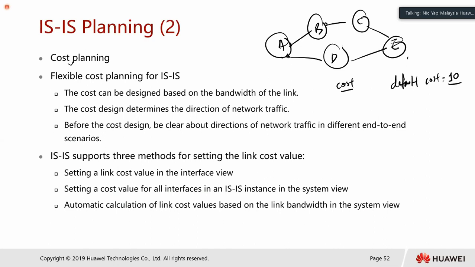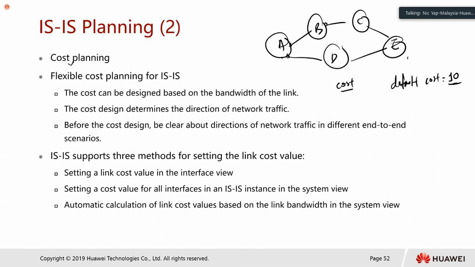They still have a default cost value of 10. So in this case, you need to know which link they're using. You need to check the speed properly. And also, if you want to prefer one of the paths, you're going to set the cost manually yourself.